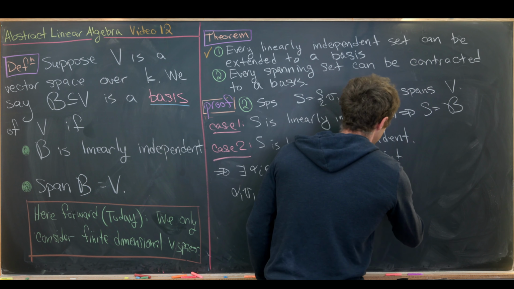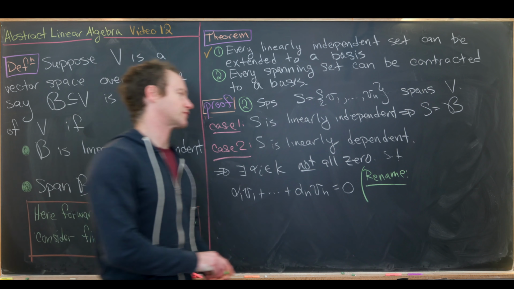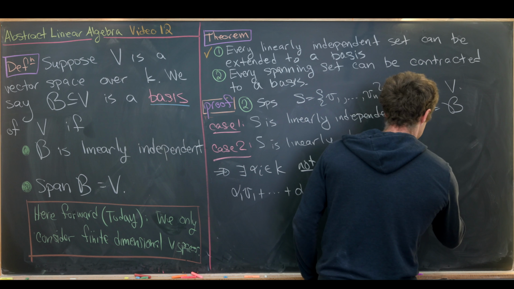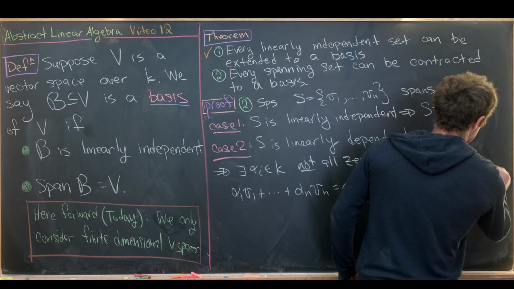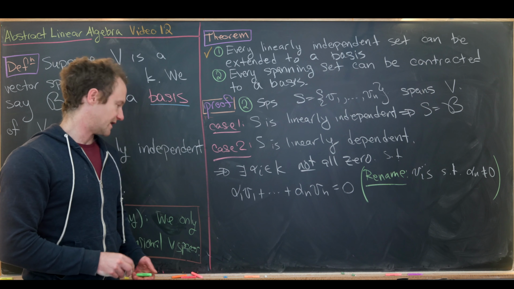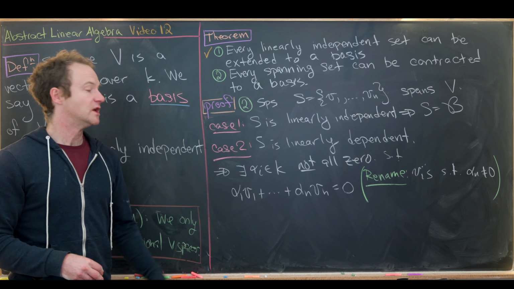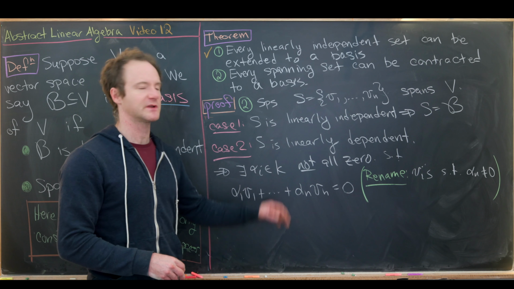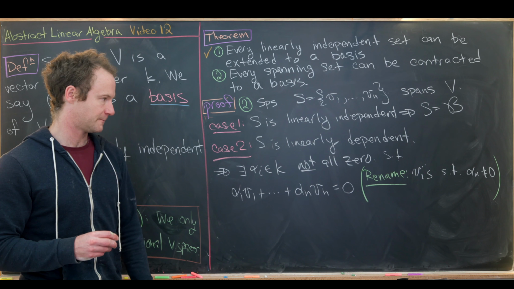So rename or reorder, I don't exactly know which word you would like to use, but let's rename the Vi's so that the alpha n is the one that's not equal to 0 in this relation right here. So again, that's just renaming. If you want to get really picky about it, you could introduce some sort of superscript on the V's to count how many times you've renamed, but I don't think we really need to do that.